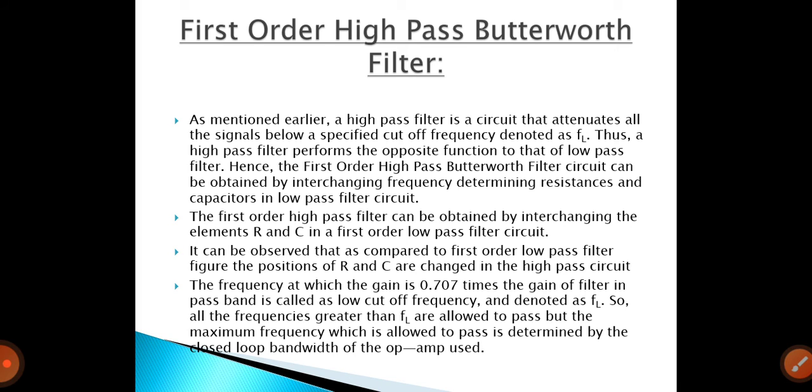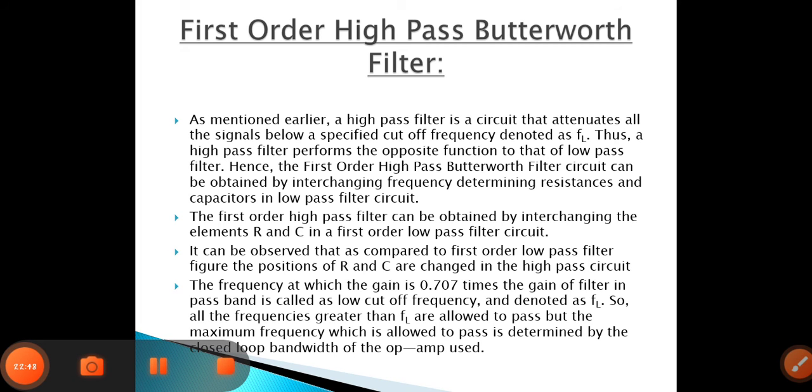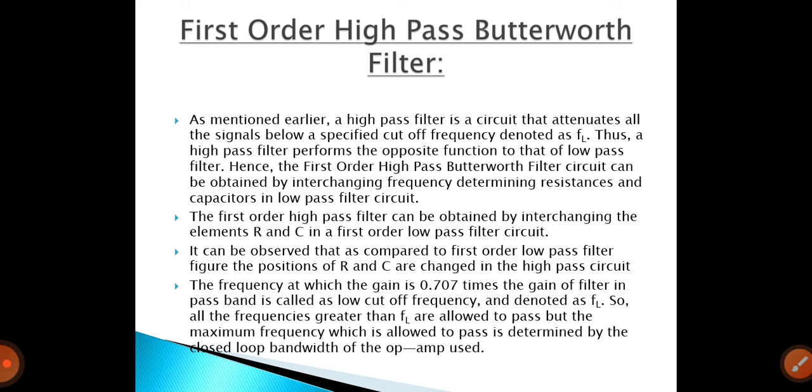As mentioned earlier, a high pass filter is a circuit that attenuates all signals below a specified cutoff frequency, denoted as FL.